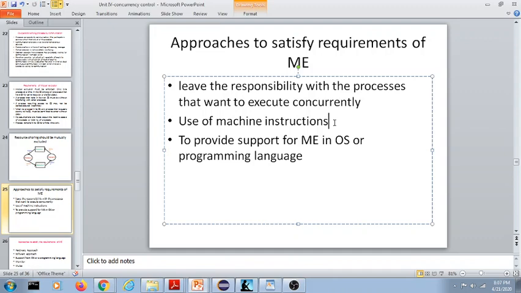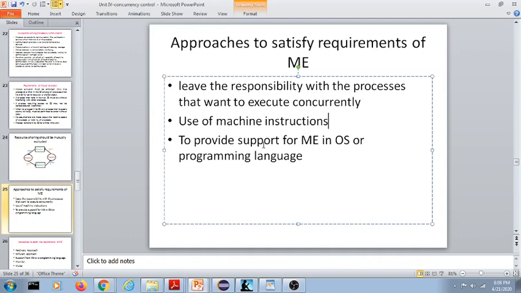Whenever that process is done with its job on that resource, that means it comes out of its critical section of the code for that resource, then the other process will gain access to that resource. So one approach is using the test and set instruction and the exchange instruction. All these instructions are indivisible instructions. By using these instructions, you can achieve mutual exclusion.